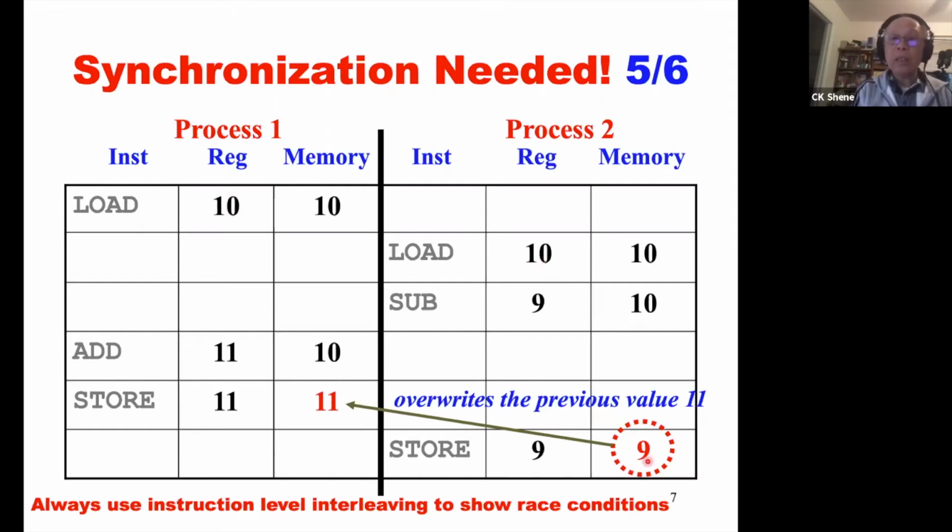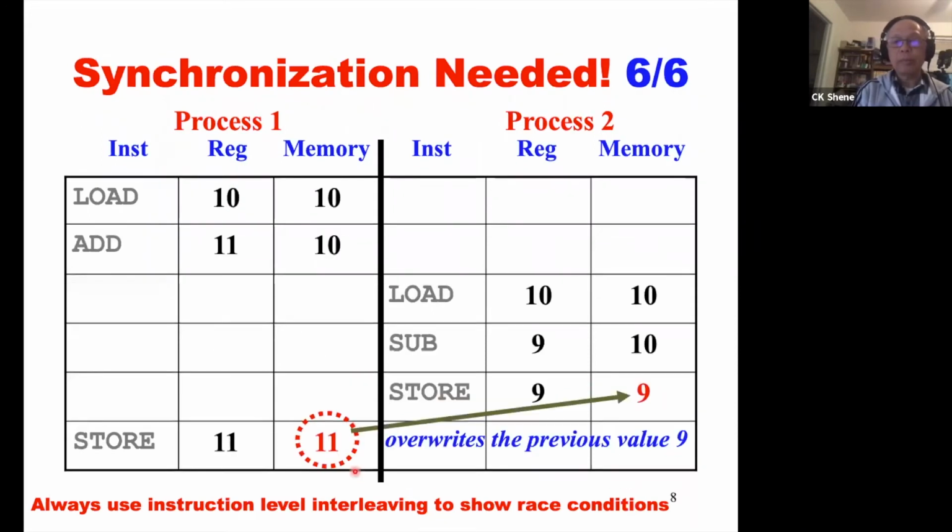Isn't it a surprise? Well, if we switch these two instructions, you get 11. Process 1 is switched out after adding 1 to the register. By the time process 1 is switched out, the register has 11 and memory has 10. Now process 2 starts execution, loads 10 into the register, subtracts 1 from it, and saves 9.